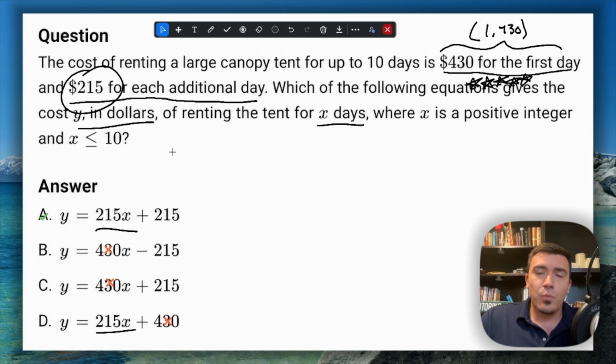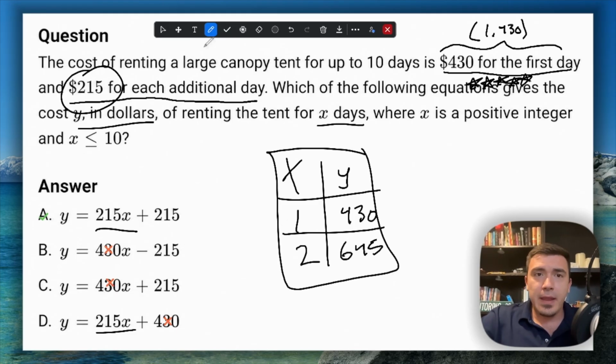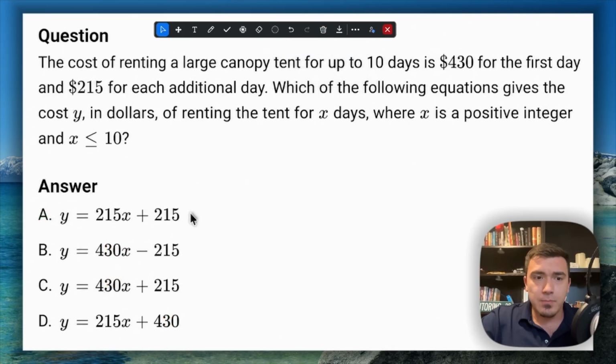But if you guys want to know what to actually do from here, well, I can essentially just get myself 2 quick points. And if you guys did watch the video I made on Desmos tips, I do go over this topic over there in that video. But I have my first point at 1, 430, and then I know it's 215 for each additional day. So 1 additional day, I'll add 215, and then I'll just take this table and plug that into Desmos.